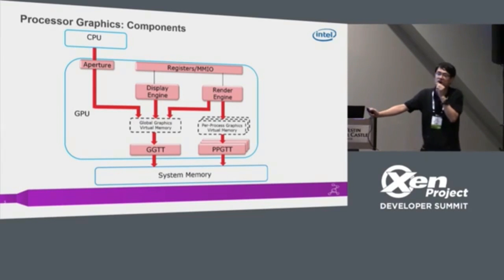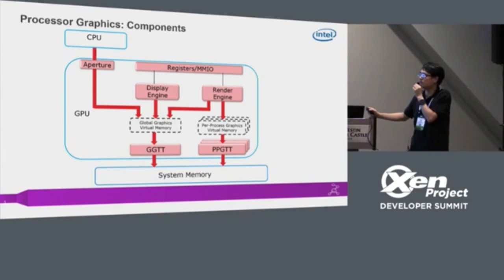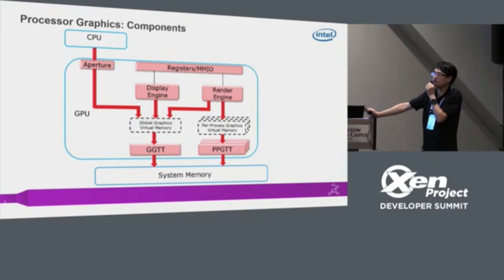When the CPU is trying to read the frame buffers, or maybe intermediate decoded frames, to do some processing, it goes through the aperture. Then the GPU provides its fence IDs to facilitate CPU access to system memory. It will also go through the GGTT page tables and finally access the system memory.